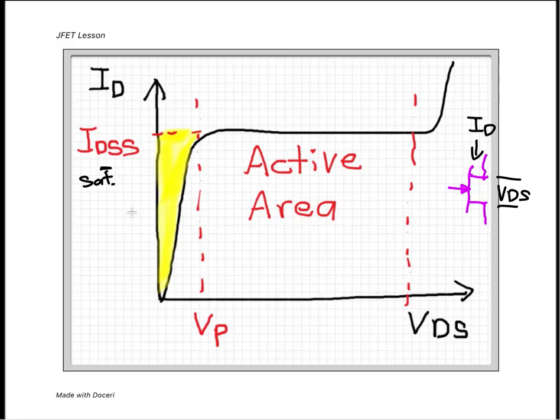And the intersection of IDSS and the drain to source voltage is this red line here. That's called VP, and that's known as pinch off.